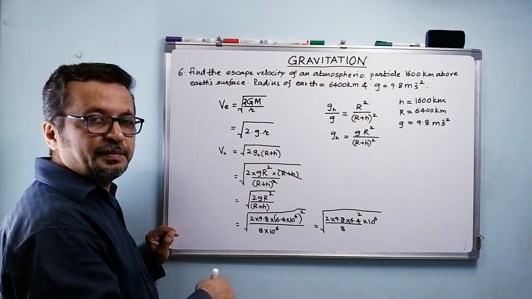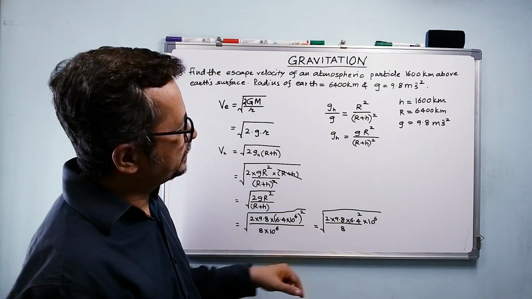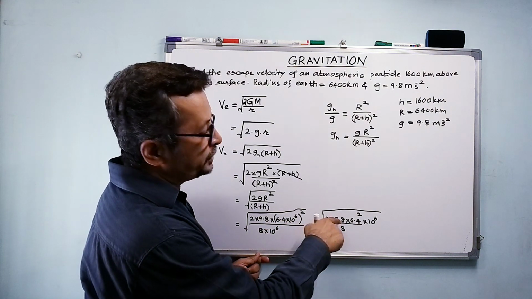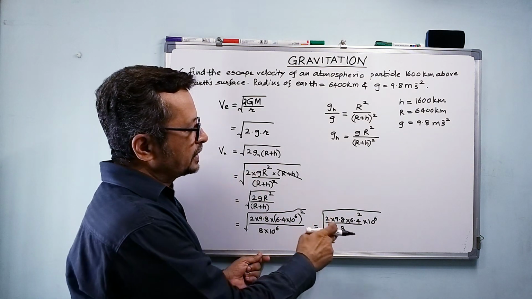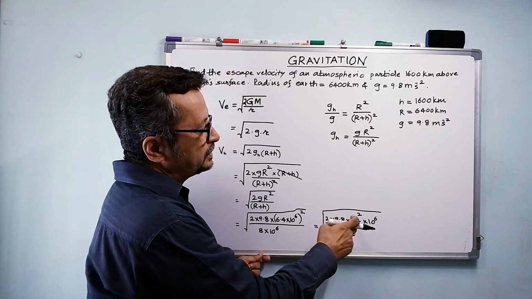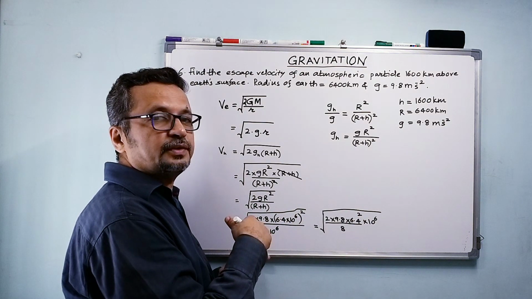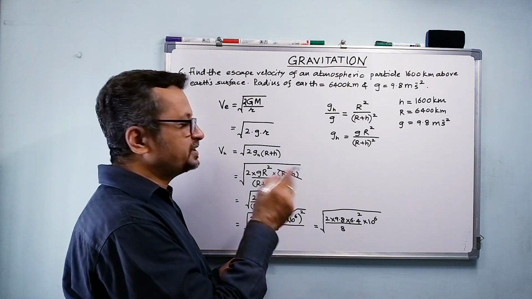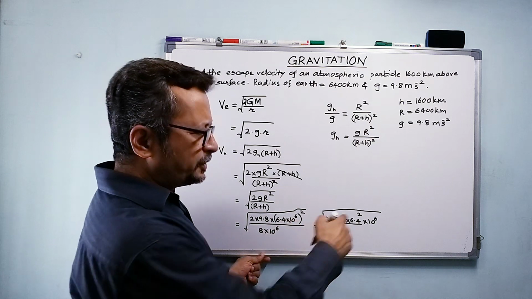Now when you simplify this, how much is it going to be? It is 2 into 9.8, so that is 19.6, divided by 8. Now this 6.4 square can come out of the square root sign. So it would be 6.4 into root over 2 into 9.8 upon 8 into 10 raised to the power 6.